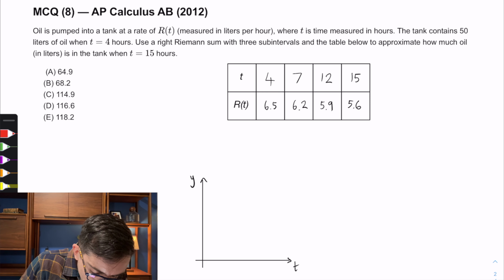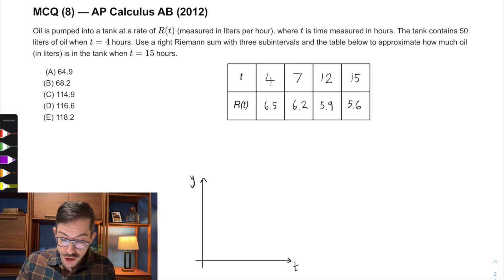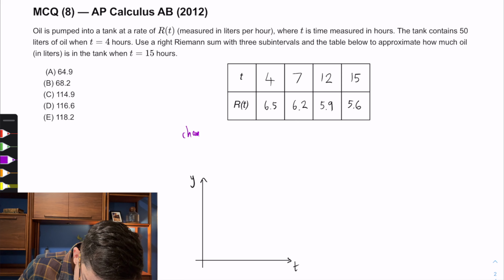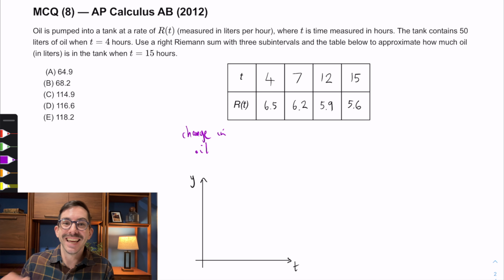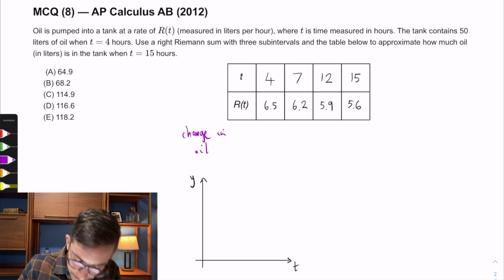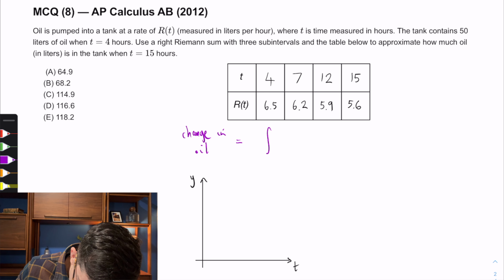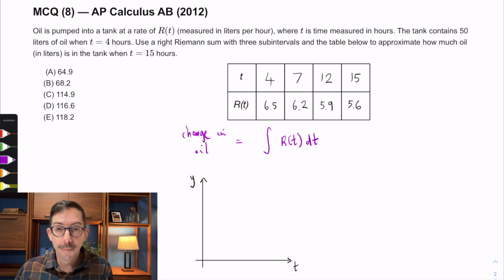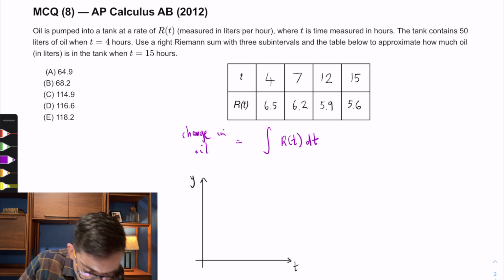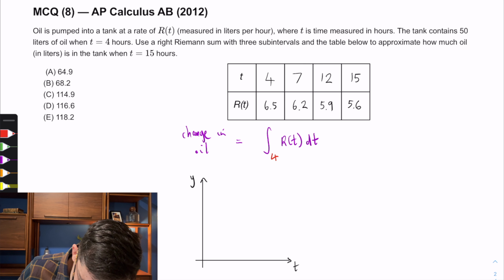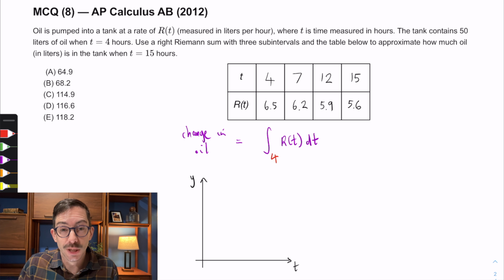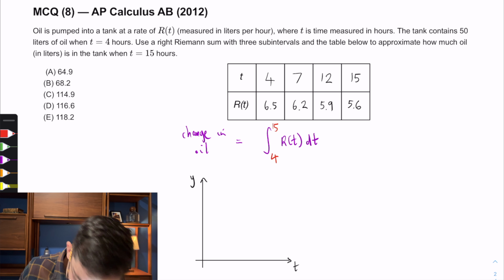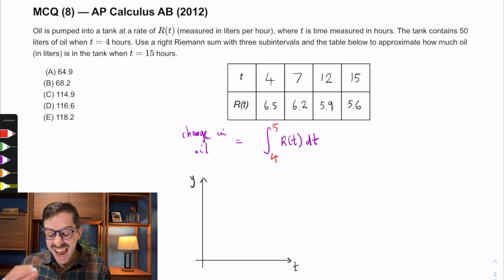Now, when we hear something like change or net change, so the change in oil, I want us to think integral of a rate. So I know the rate at which oil is being pumped into the barrel. I want to know how much oil gets added, integrating from t equals 4 up to t equals 15.